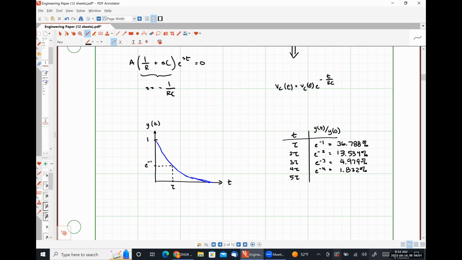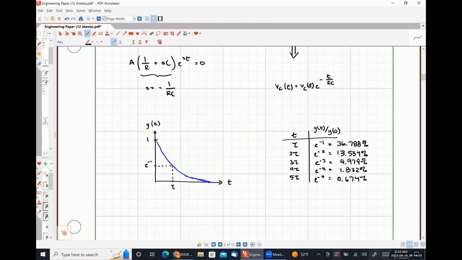And in 5 time constants, we will be at e to the -5, which is 0.674%.